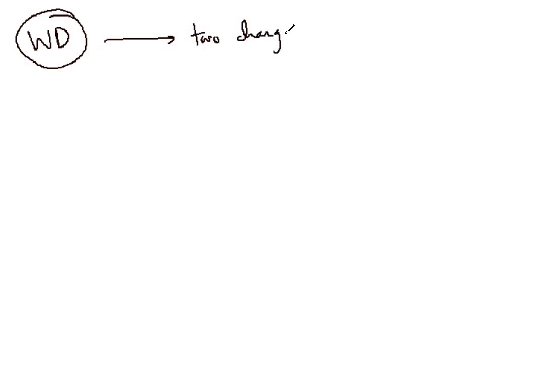Fine. Now we will consider the white dwarfs. So you see, this Landau's argument can be readily extended to white dwarfs, and we do know that the white dwarf material consists of two charged components, electrons and nuclei.